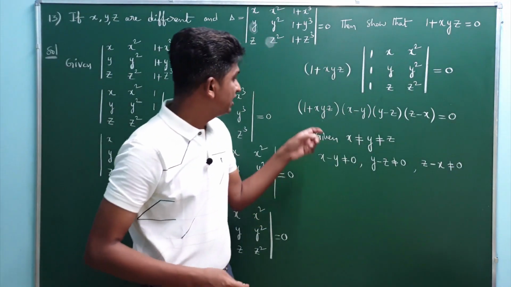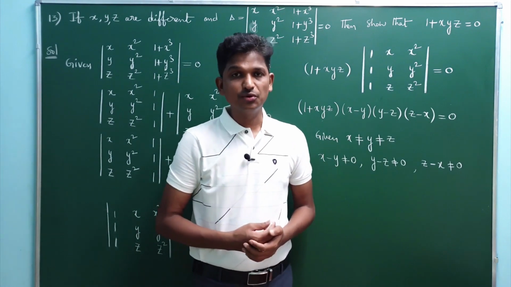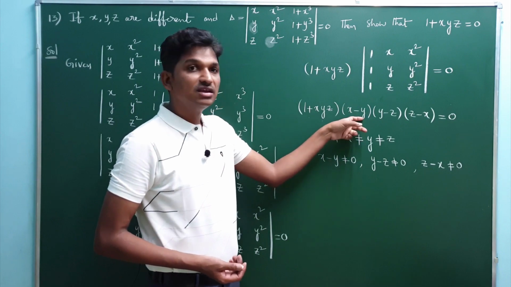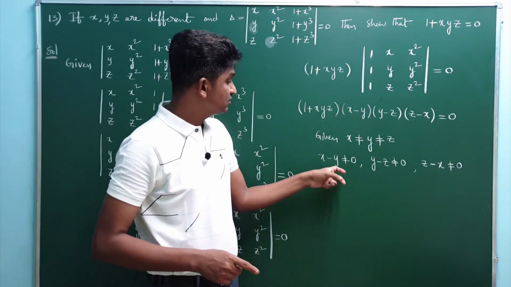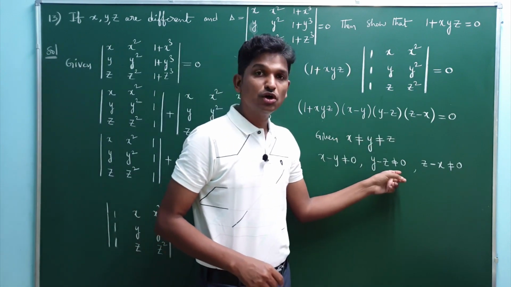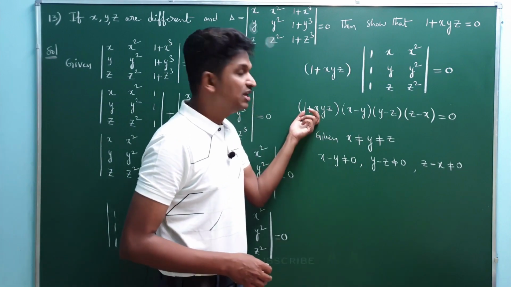What I am trying to say, product of all these terms is 0 means at least one of them must be 0. Here, whether this is 0 or not, I do not know. This is a non-zero number, no doubt, because they given x, y, z are different. y minus z is also a non-zero number. This is also a non-zero number. So the only chance is this will be 0.